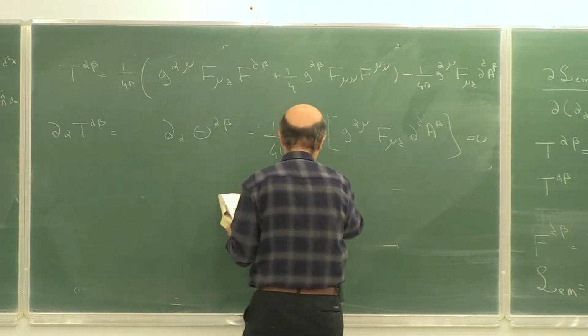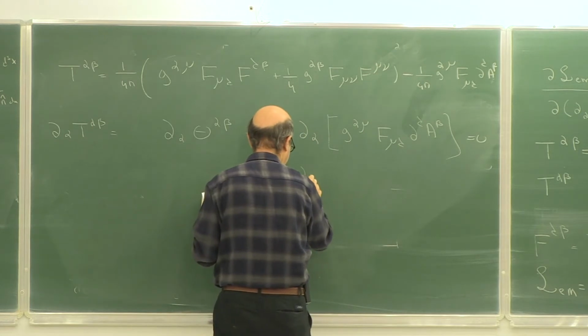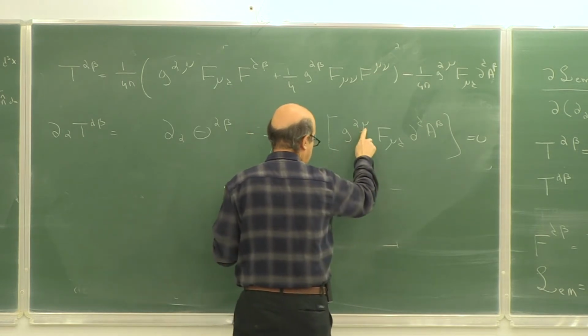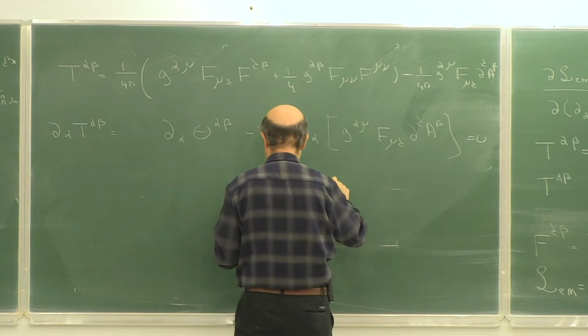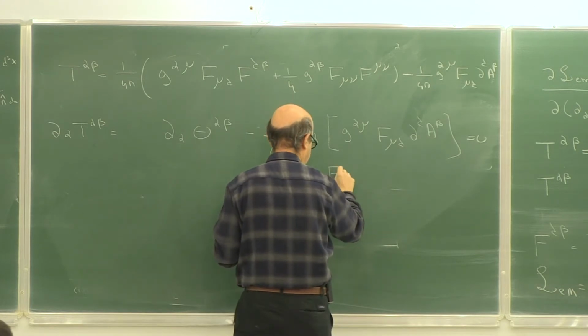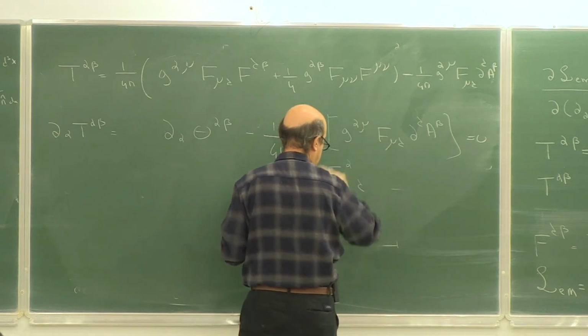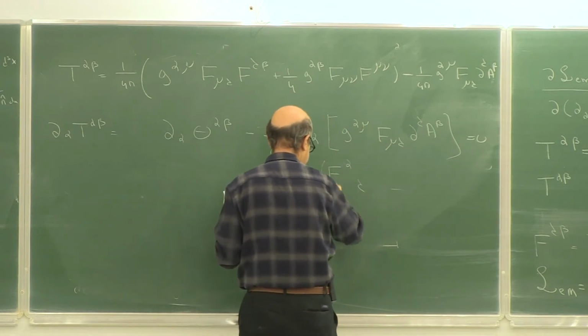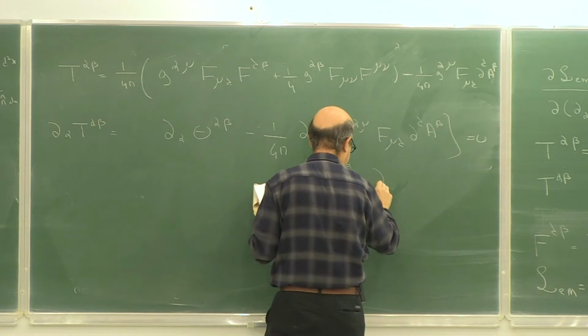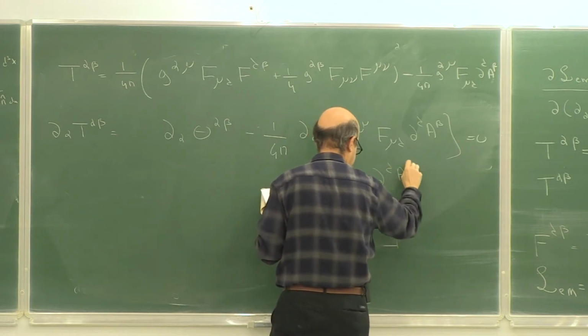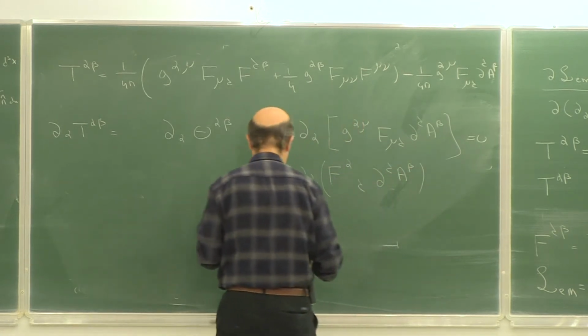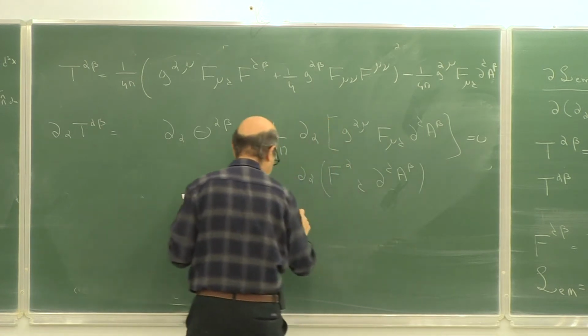This is equal to del alpha. If we contract the mu and mu, that is nothing but f alpha lambda, if you contract the mu and mu, del lambda A beta. And if you take the derivative, what are we going to obtain?